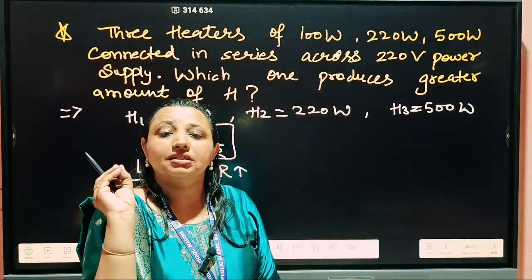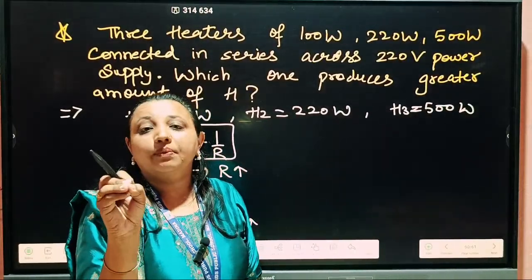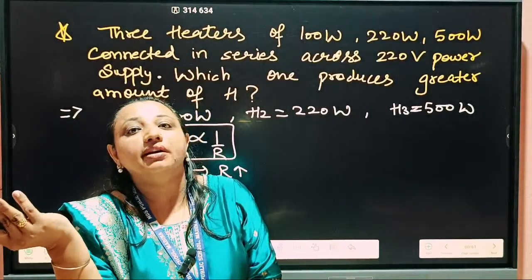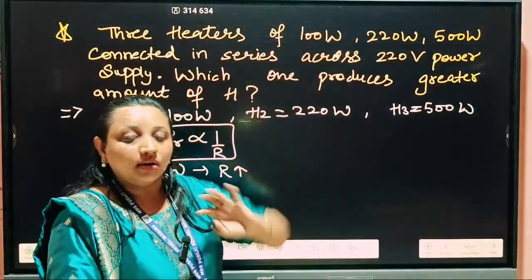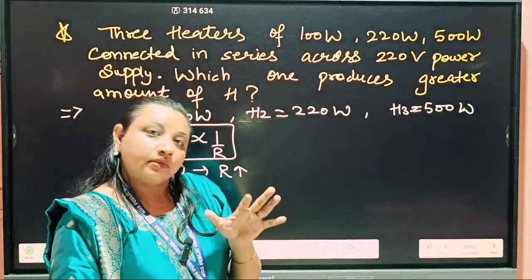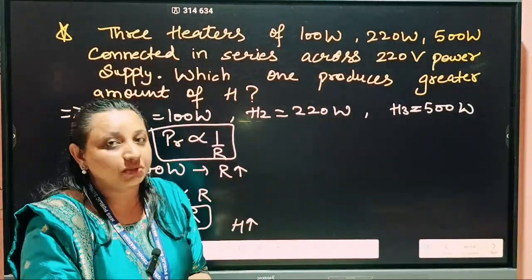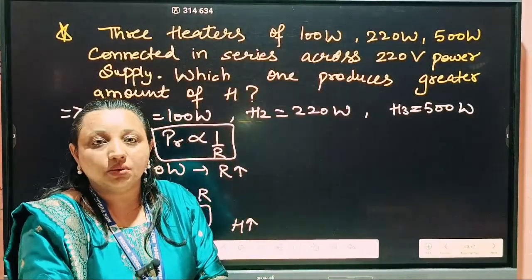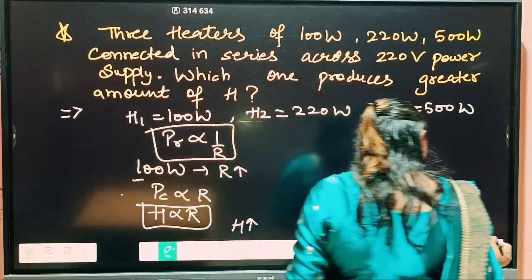You have to just see that in series combination, the electrical appliance whose rated power is less, that produces greater amount of heat energy. तो सबसे कम rated power है 100 watt हीटर की. ये सबसे ज्यादा इलेक्ट्रिकल पावर जो है वो प्रोड्यूस करेगा, यानी कि हीट एनर्जी भी सबसे ज्यादा प्रोड्यूस करेगा. So these are the questions that may be asked, and these are very important, right?